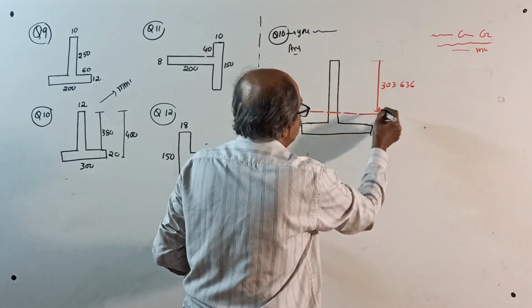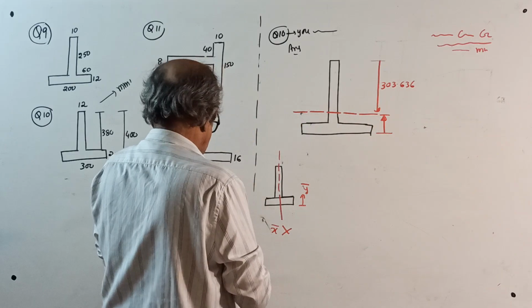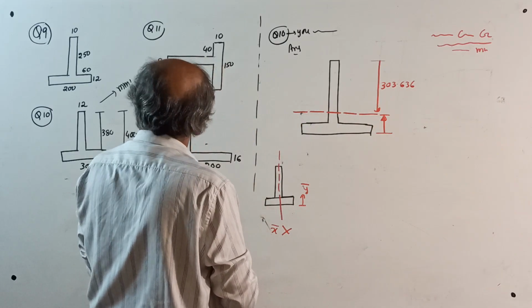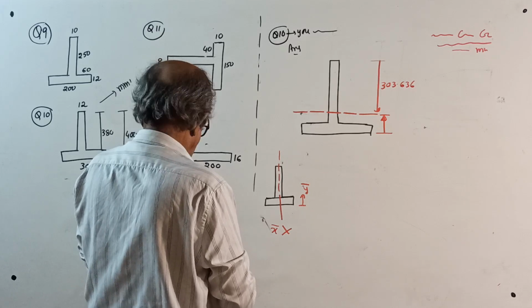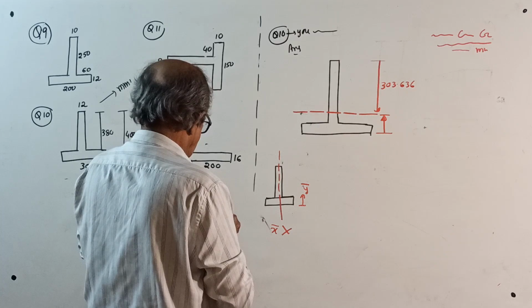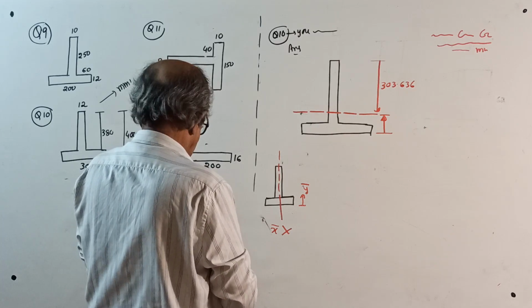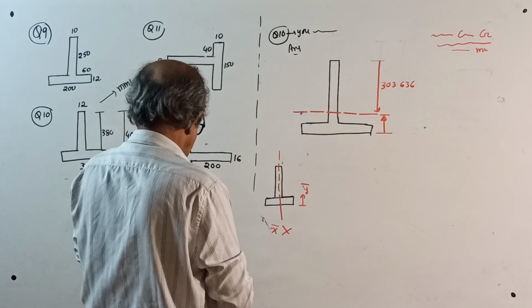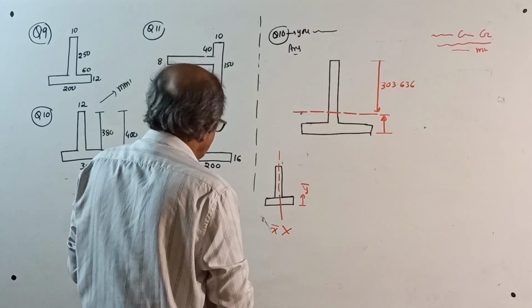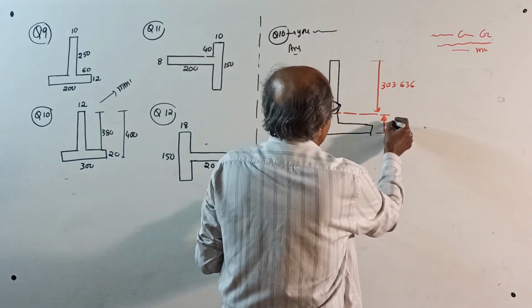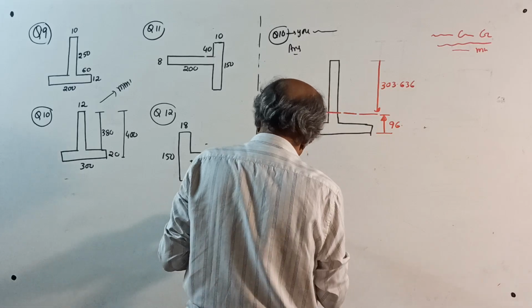When you do it from the bottom, you should get 300 into 20 into 10 plus 12 into 380 into bracket 20 plus 190, divided by 300 into 20 plus 12 into 380. That gives 96.363.